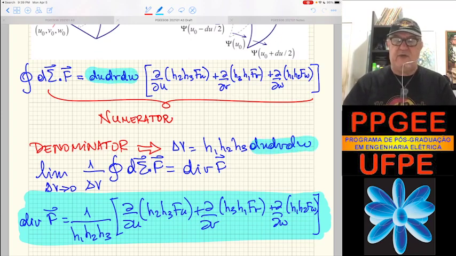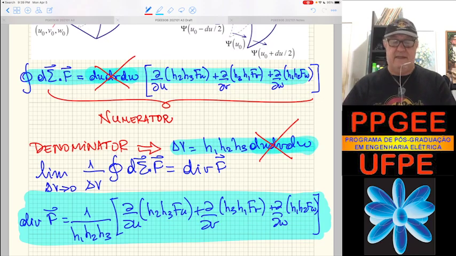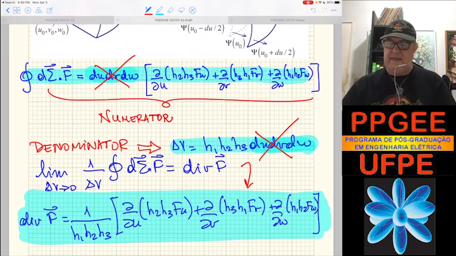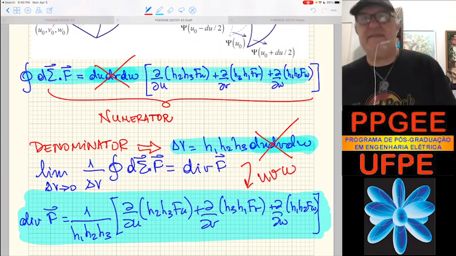When you make the ratio between these two terms, this one divided by that, we are going to cancel out this one, right? Then you have the final expression for the divergence in a generalized UVW coordinate system.